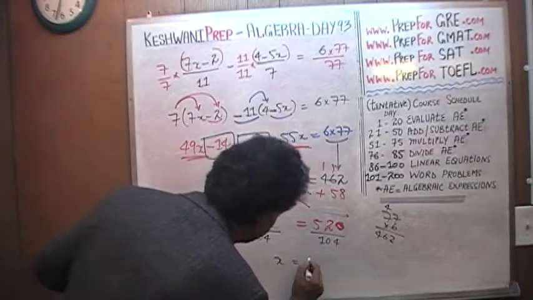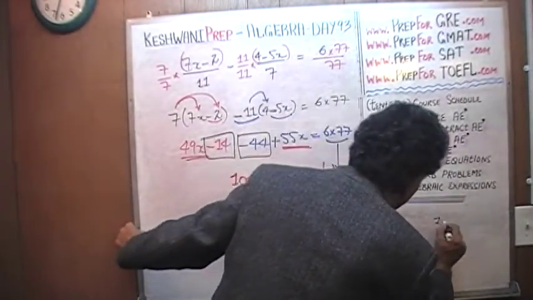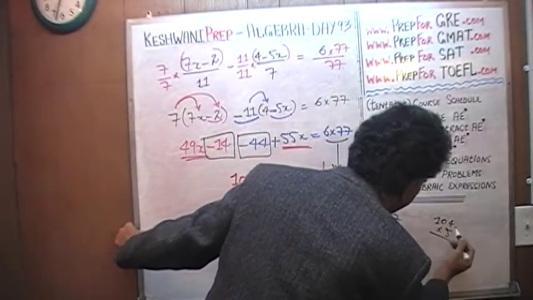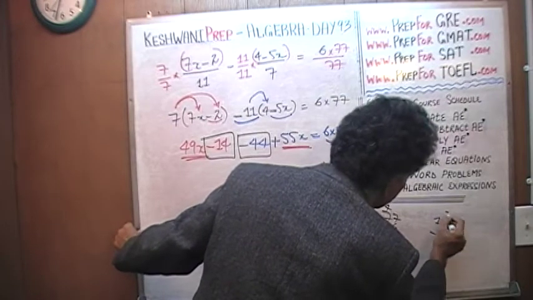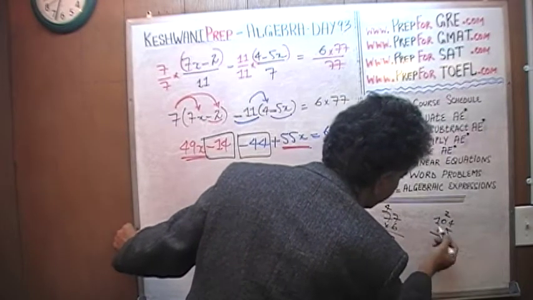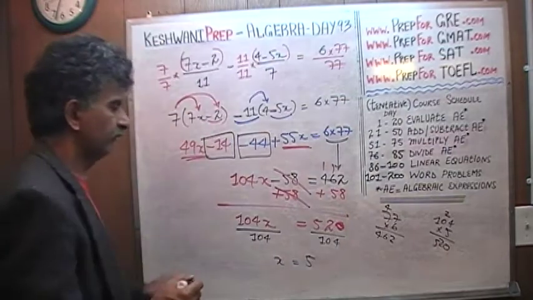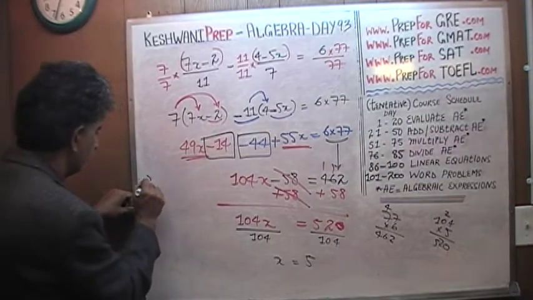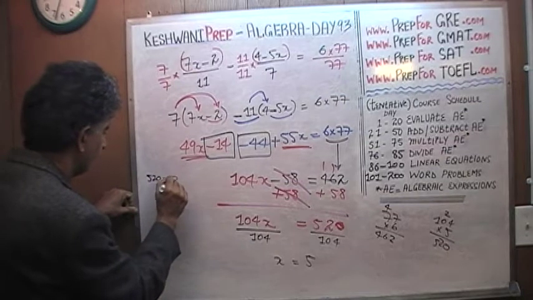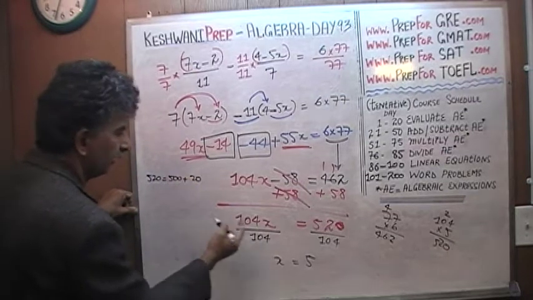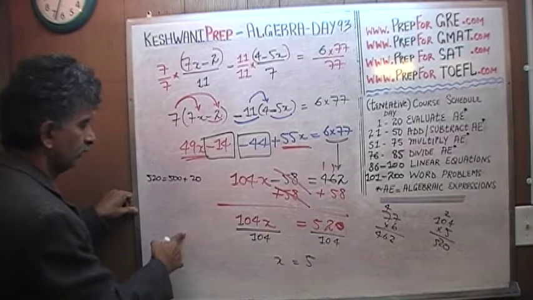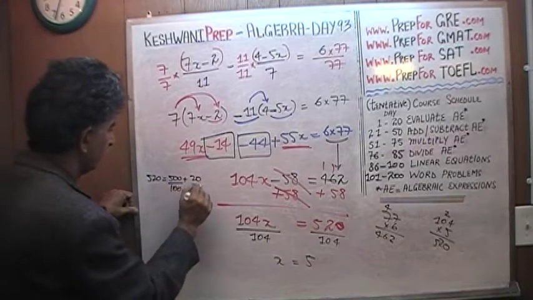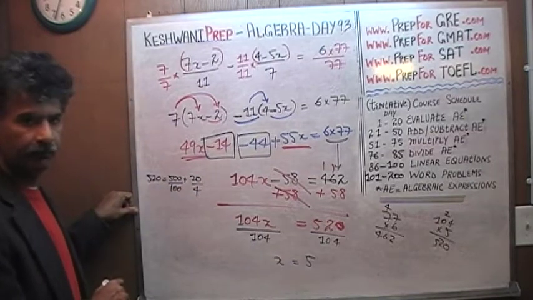The answer is 5, because 104 times 5: 4 times 5 is 20. See, this is where your 20 comes from, and then 5 times 100 is 500. Or if you like, I'm going to show it again. 520 can be written as 500 plus 20, and we divide it by 104, which we can split as 100 and 4.